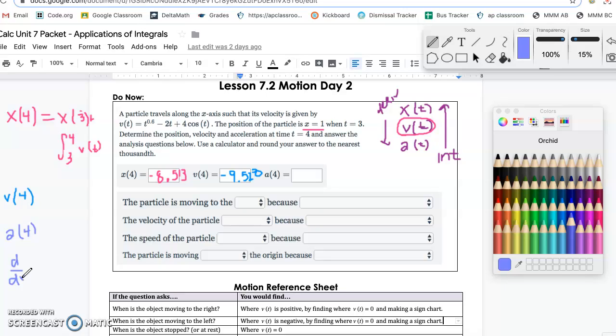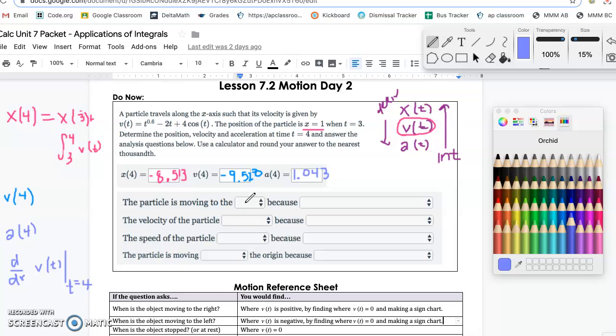I'm taking the derivative of the velocity equation and evaluating it when t equals 4. When I do that, I'll get 1.043.